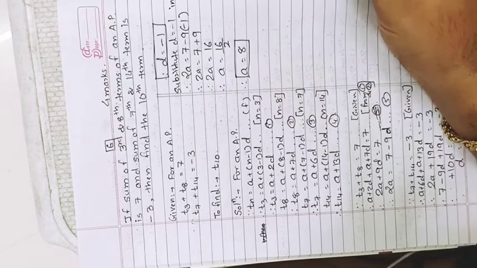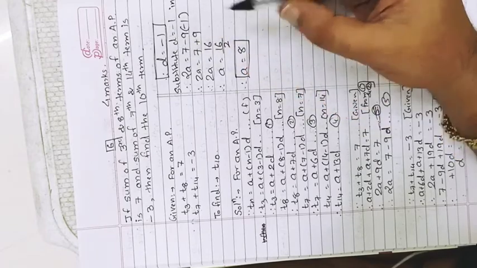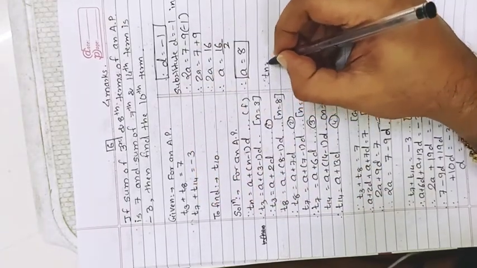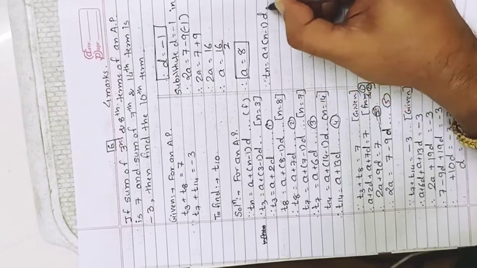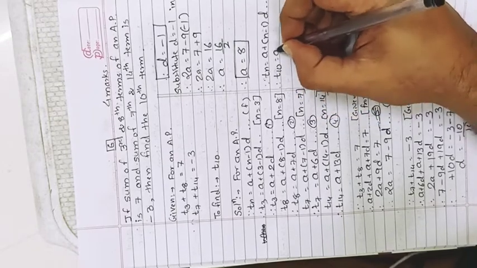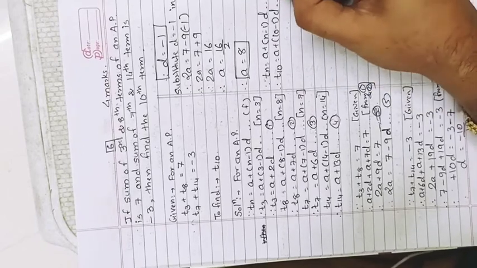So we got the value of a equal to 8 and the value of d equal to minus 1. Now we need to find the 10th term. Since t of n equal to a plus n minus 1 into d, which is the formula, therefore t of 10 equal to a plus 10 minus 1 into d, n equal to 10.